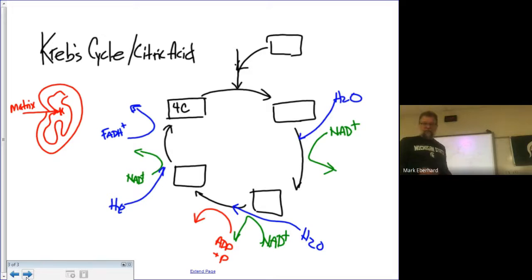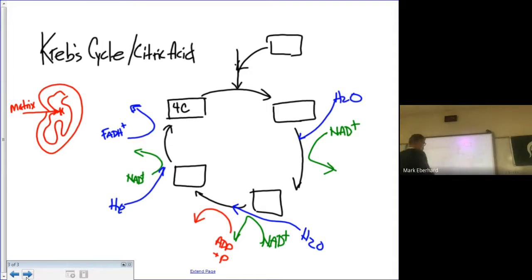Rubisco was what picked up the carbon dioxide and fixed it. It did the carbon fixation. But at the end, rubisco was recreated. This is something called oxaloacetate. I'm not going to worry about the name, but this 4-carbon molecule is going to pick up the acetyl-CoA, take it around the Krebs cycle, and then you'll end up with the 4-carbon molecule being regenerated.